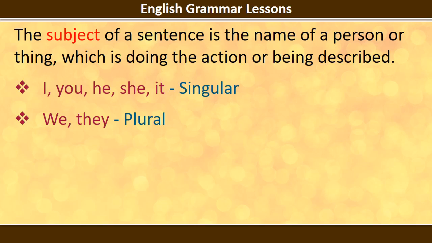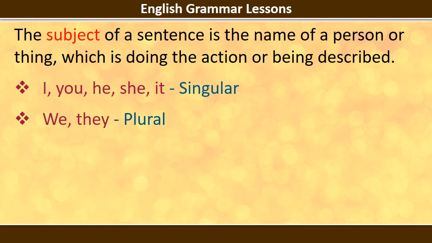The subject of a sentence is the name of a person or thing which is doing the action or being described. It means the subject is the name of a person or thing which is performing the action or we are describing about.